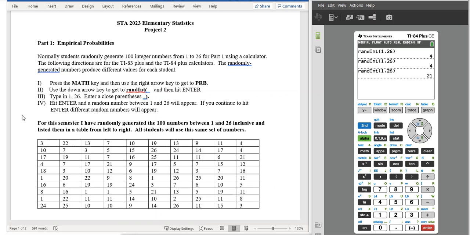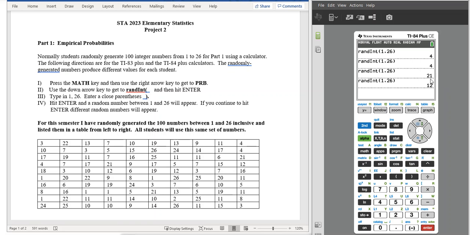We enter. It says in here, I have randomly generated the 100 numbers between 1 and 26 and listed them in the table from left to right. This is what I mean by left to right. I started here, top row, and typed in the numbers I got, and then I went down to the next row and typed them in from left to right, just like reading down through a paragraph. And I hit enter again.